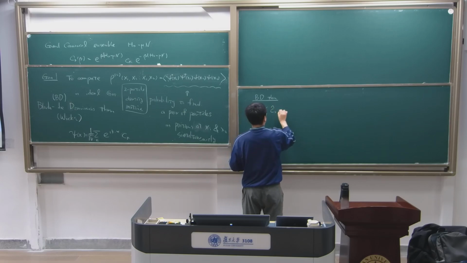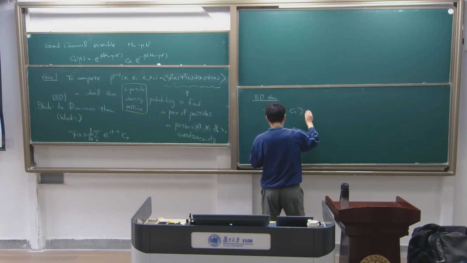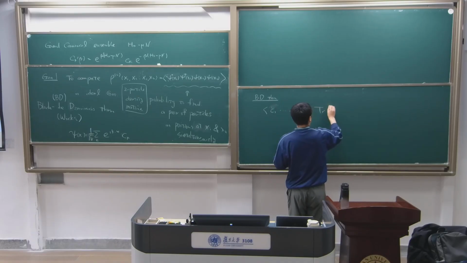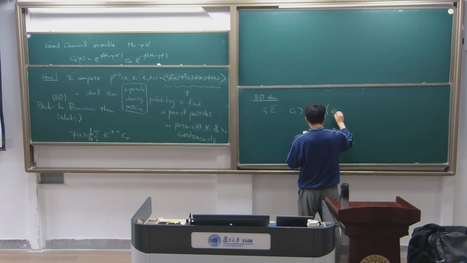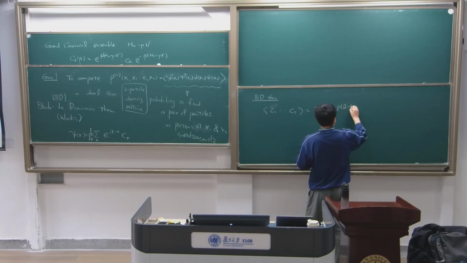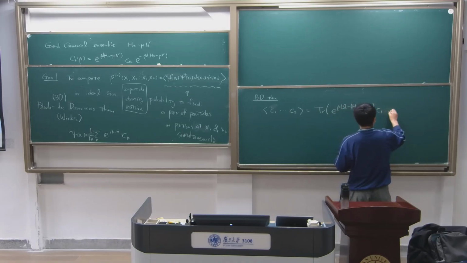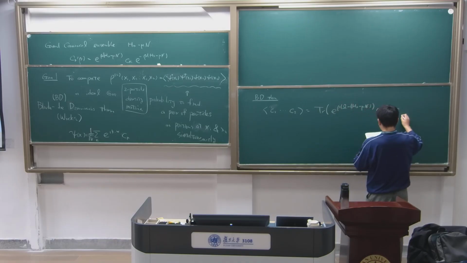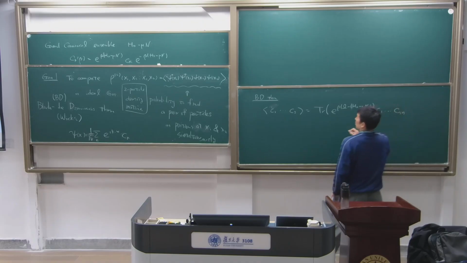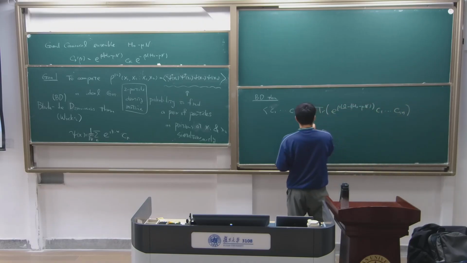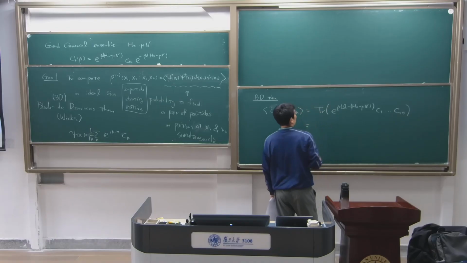C check and C check are operators. It's given by a trace of, and this is canonical. This is just a definition.